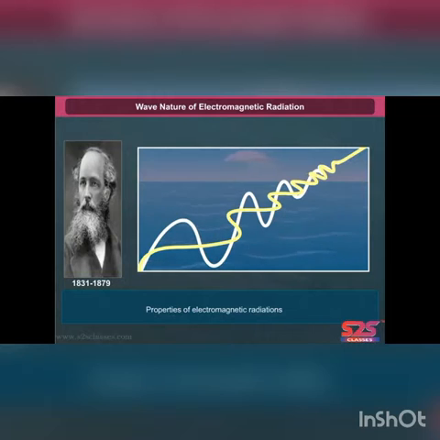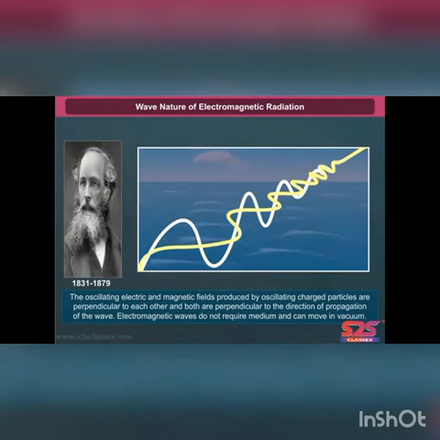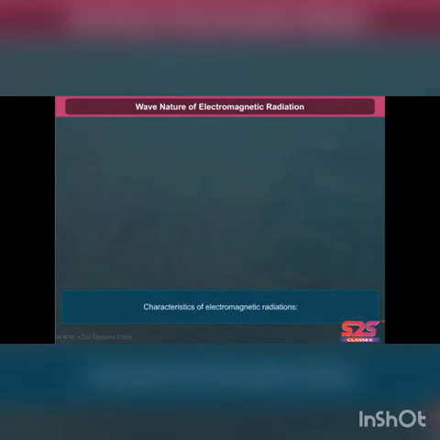Let us discuss some basic properties of these radiations. The oscillating electric and magnetic fields produced by oscillating charged particles are perpendicular to each other, and both are perpendicular to the direction of propagation of the wave. Electromagnetic waves do not require medium and can move in vacuum.